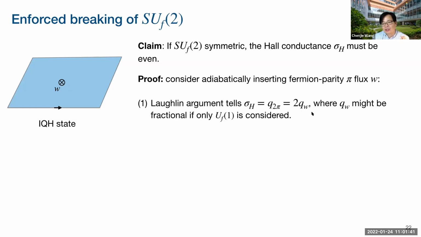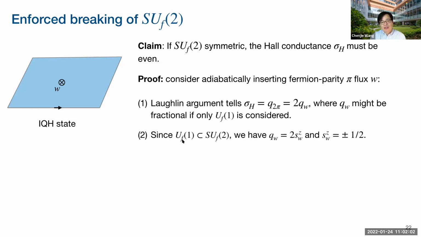In general, Q_2pi is an integer, because a 2 pi flux is actually trivial. You can gauge it away. It's gauge equivalent to no flux at all. But this pi flux is not a trivial flux. So in general, this Q_W does not have to be an integer. It may be fractional.